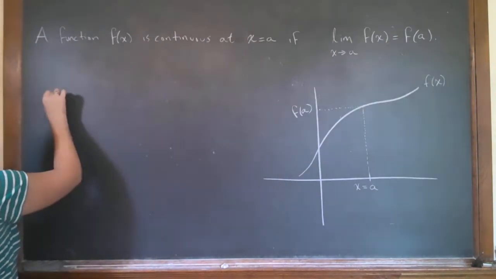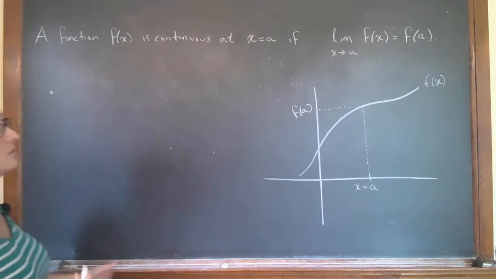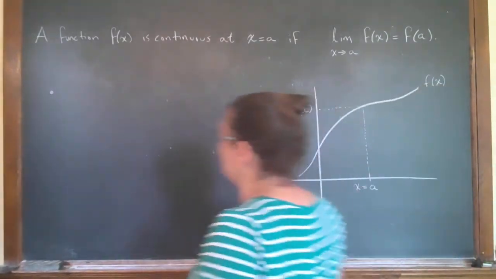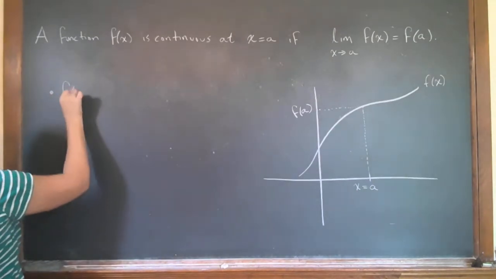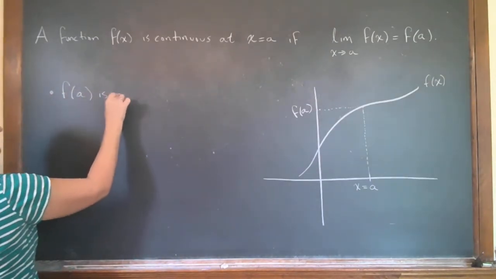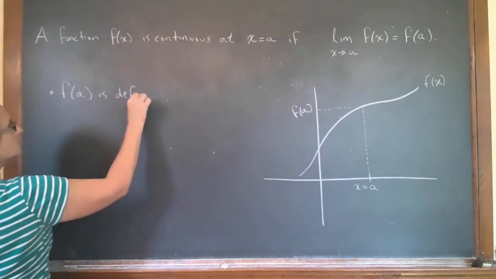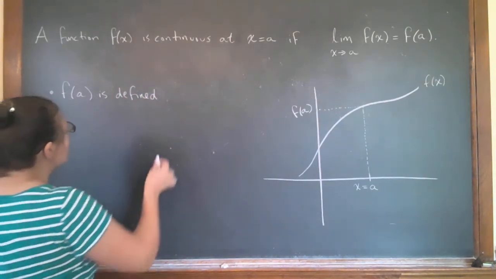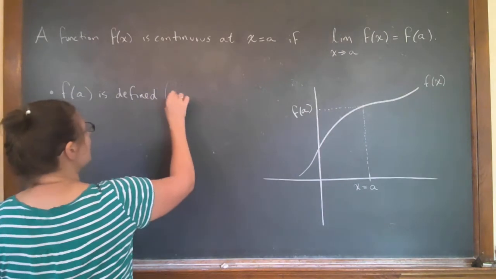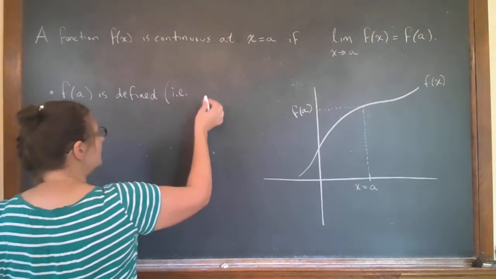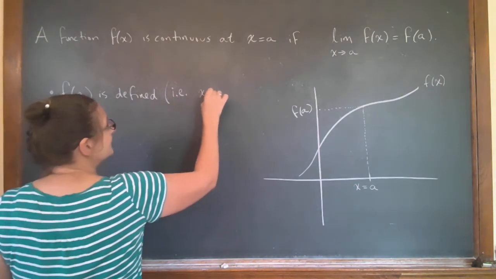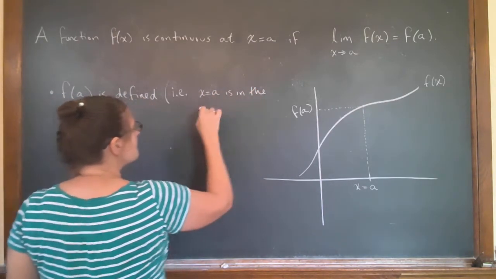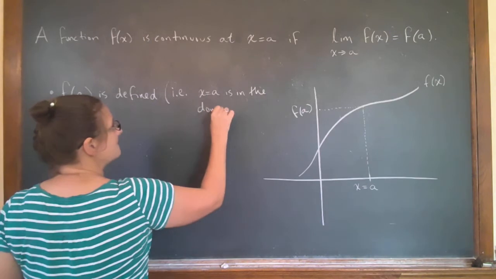The first thing is that this right-hand side, f of a, is defined. So no holes, no asymptotes. And what I mean by defined, I mean specifically that the point x equals a is in the domain of my function.